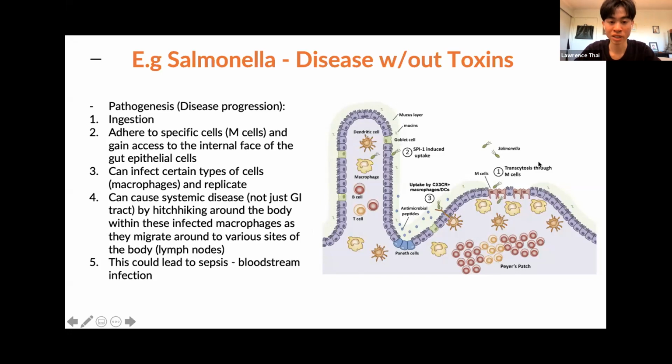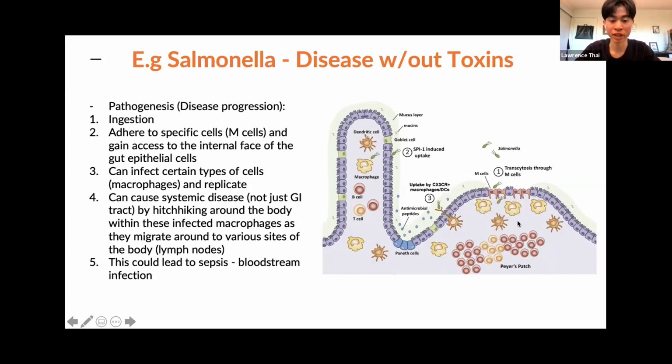Once it binds to some of these cells, one of which is what we call M cells, present on the Peyer's patches, it allows the Salmonella to go inside and get access to the inner bit where you've got all of the immune cells sitting there waiting, the lamina propria. They are able to infect certain cells, for example macrophages, and replicate inside of them.